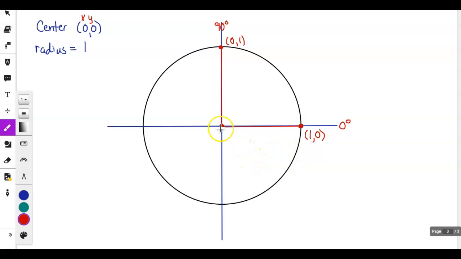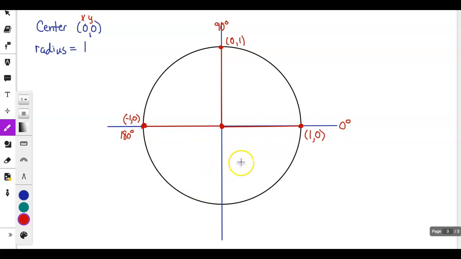If I continue my way around the circle, by the way, these are called quadrant angles because they're on the axes. This guy right here, if you think about this angle, that's 180 degrees. And I went left 1, because that's the radius of the unit circle, and I didn't go up or down at all. So that ordered pair right there would be -1, 0.